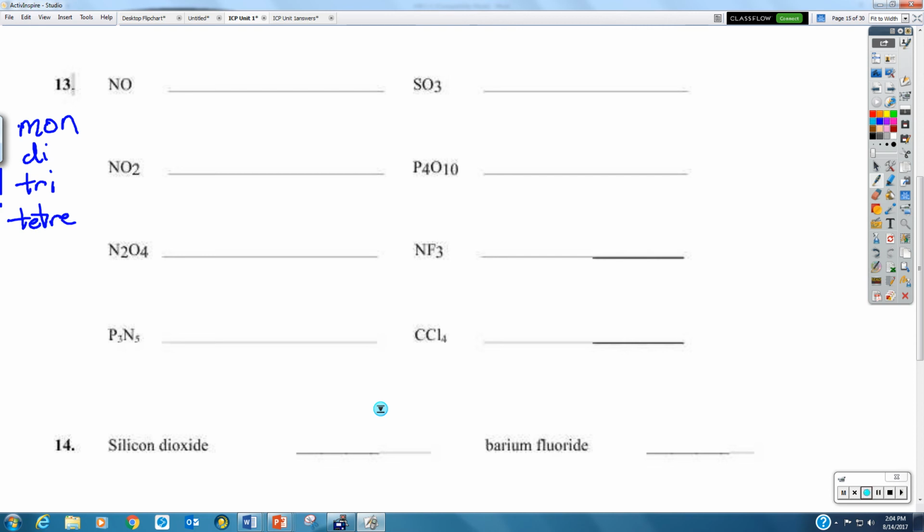Tetra. Remember, this one is chemistry, not geometry. So it's going to be pent.